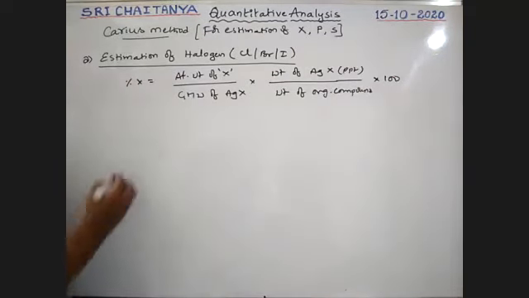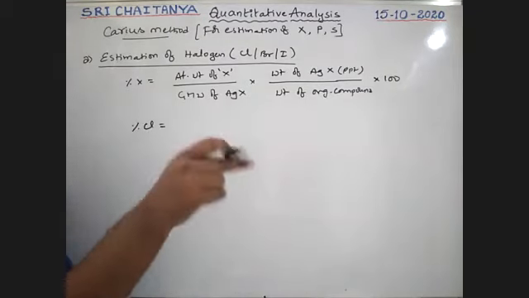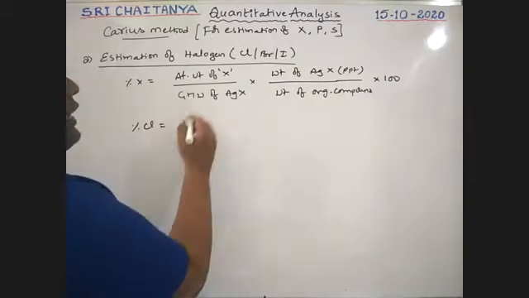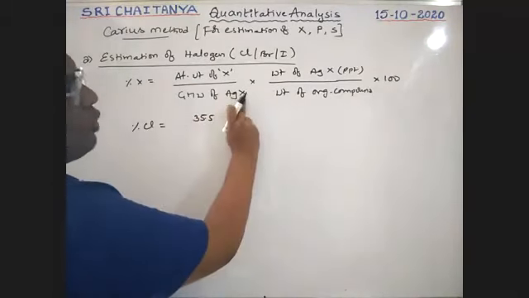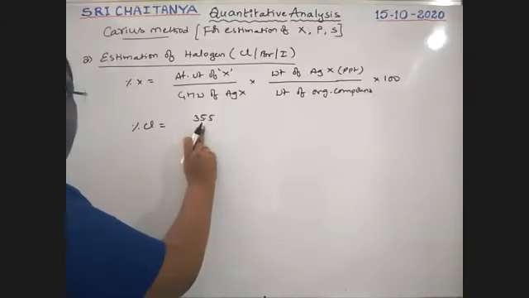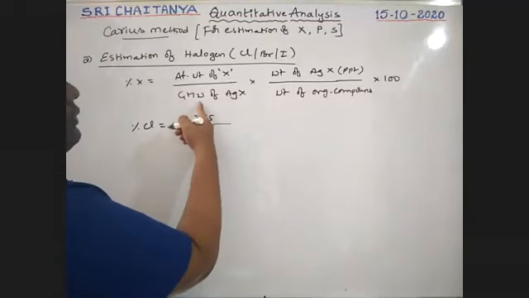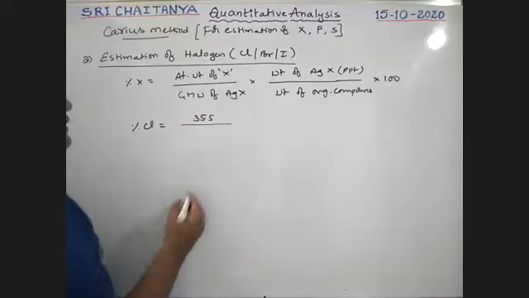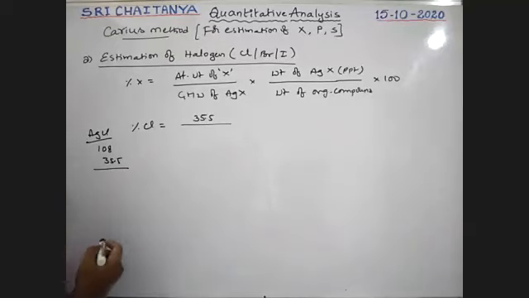For example, I want to find the percentage of chlorine. If chlorine is there, AgCl is the product. The atomic weight of Cl is 35.5, because only one halogen atom is there. That is divided by the gram molecular weight of AgCl. AgCl: silver 108, chlorine 35.5, so the molecular weight is 143.5.